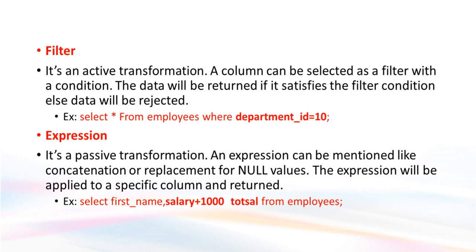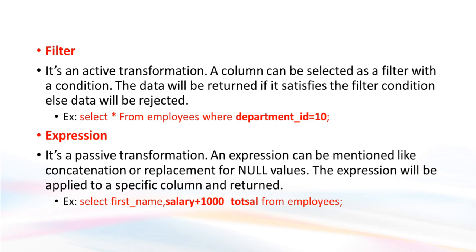Only those records which satisfy this condition will be returned. That's the reason this is called a filter transformation. If we apply some filter condition, or have a query with a where clause with some condition, that is a filter transformation.